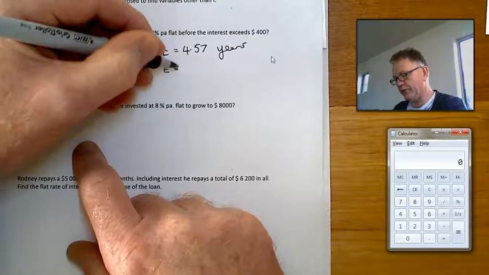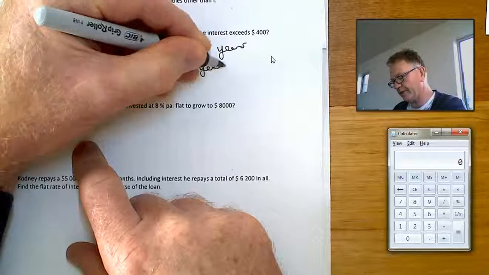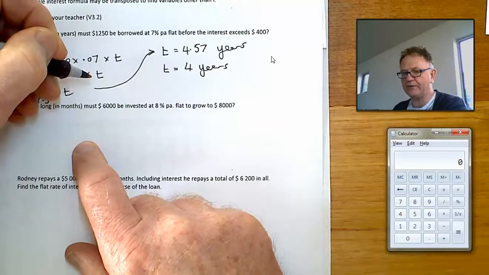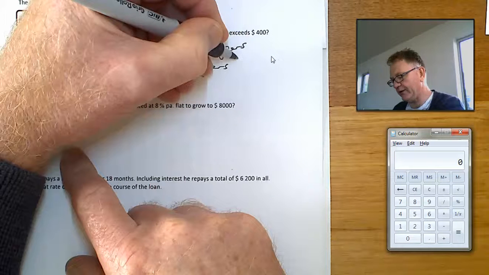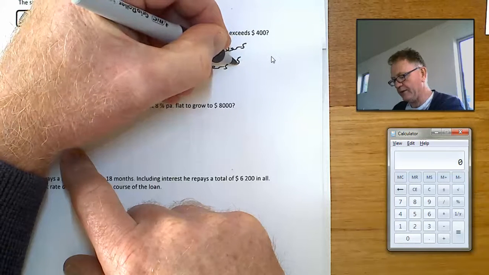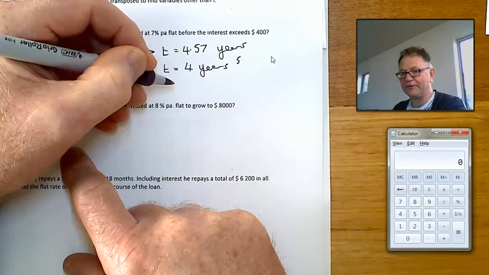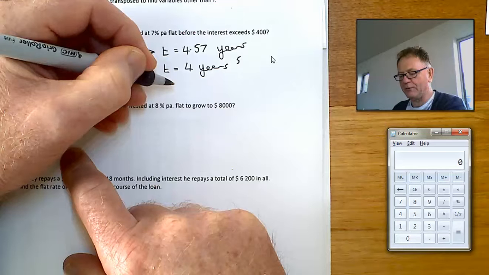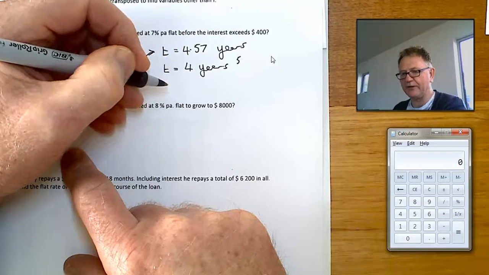We've got 4.57 years, so that means it's 4 full years, and 0.57 of a year. What you could do is you could write that as a fraction. That's 0.57 out of 365, or 0.57 times 365 days in a year.